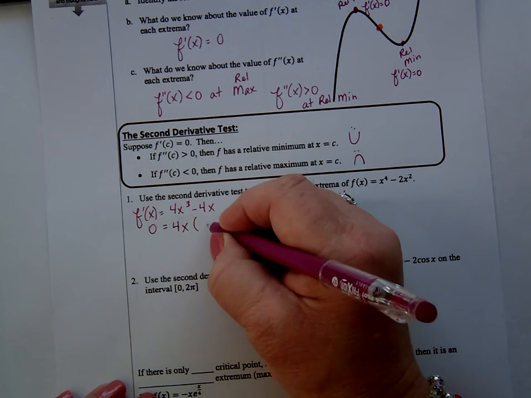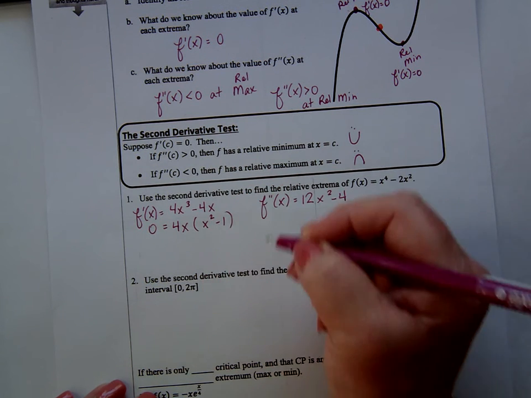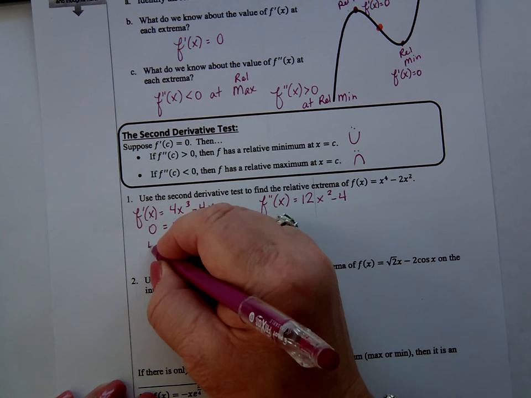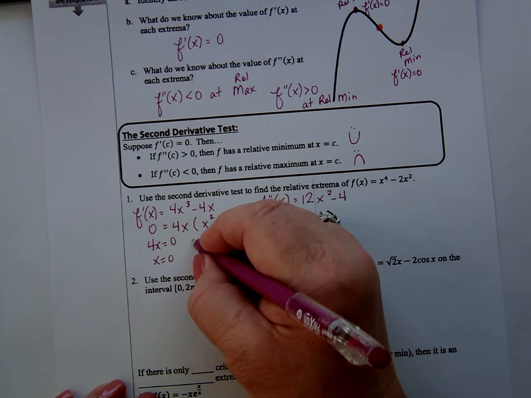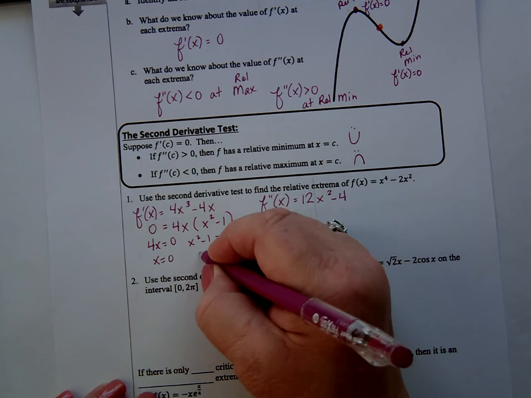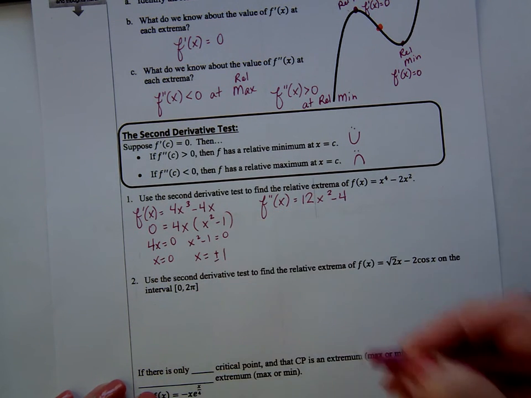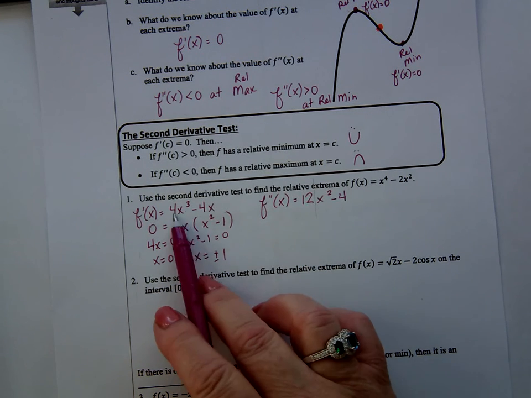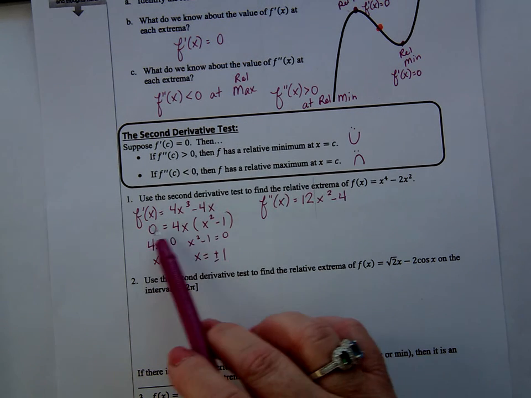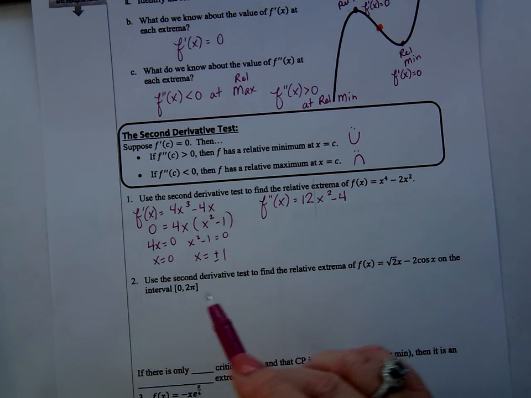Factoring out 4x gives me x squared minus 1. If I solve that, 4x equals 0, x is 0. x squared minus 1 equals 0 gives me x is plus or minus 1. Those are all the possible places. By the way, is this undefined ever? It's not. So I don't have to worry about critical points from it being undefined.